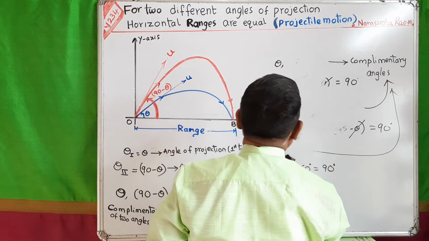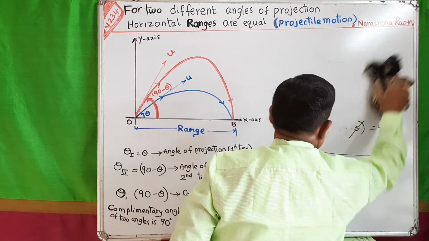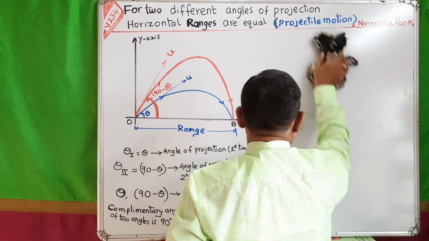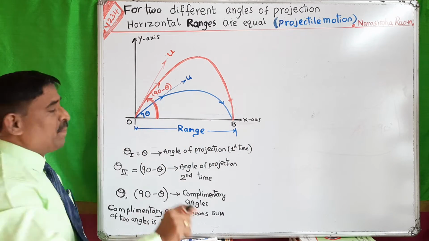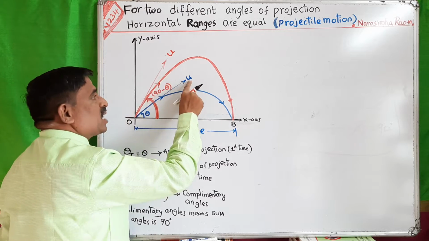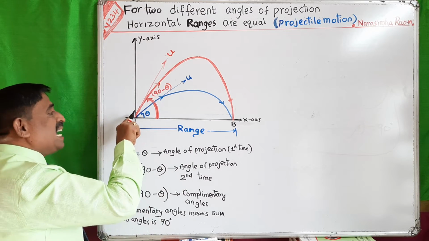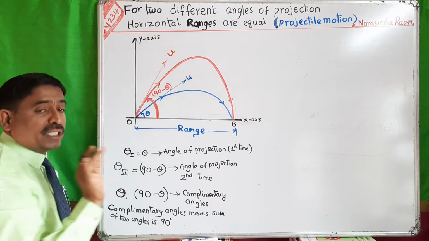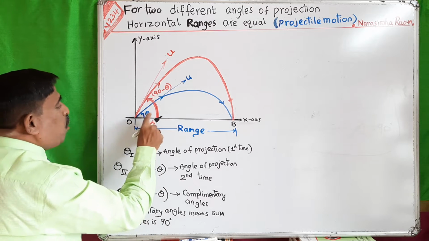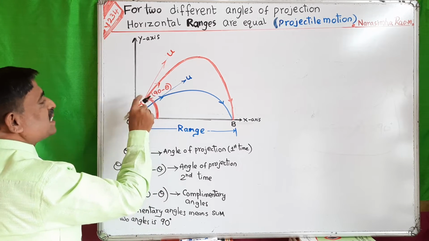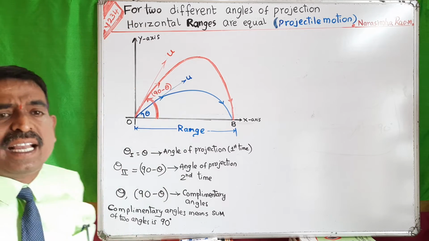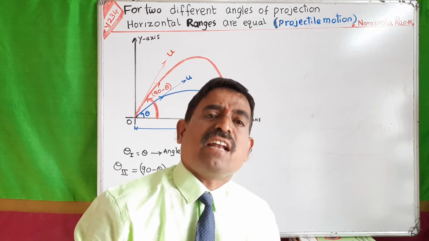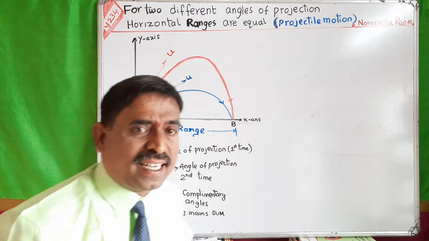Now please listen here. First time, velocity of projection is u. Second time, velocity of projection is u. In both the cases, velocity of projection is the same, meaning the velocity of projection is constant.